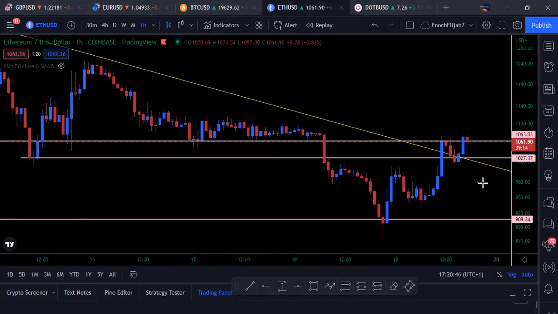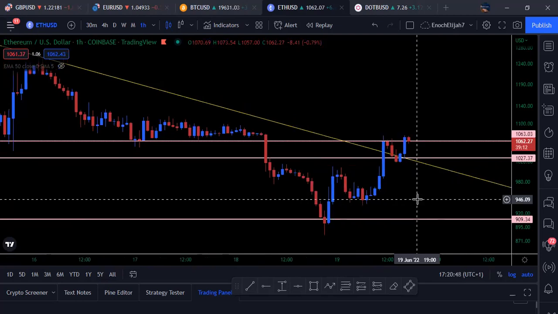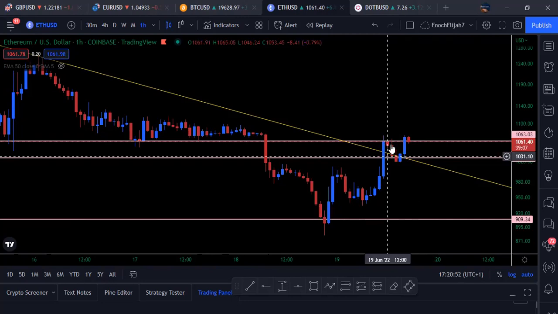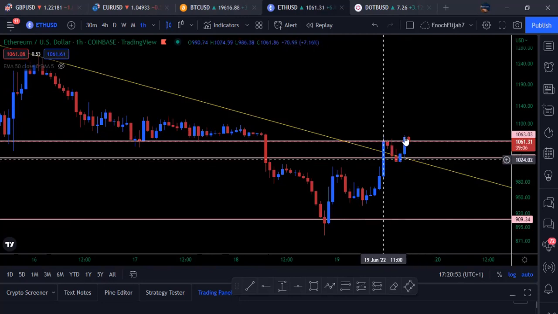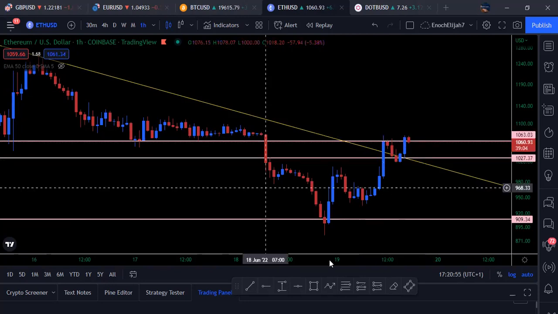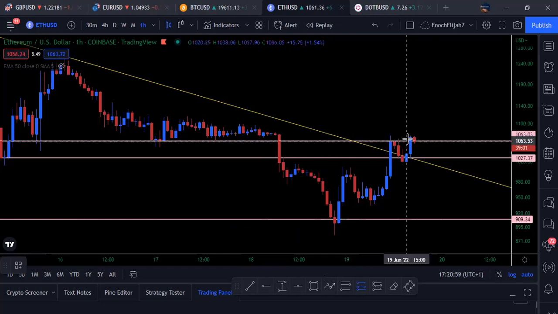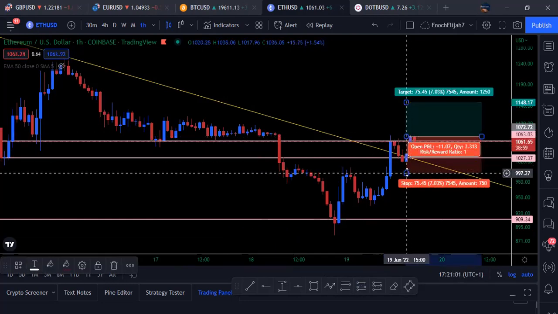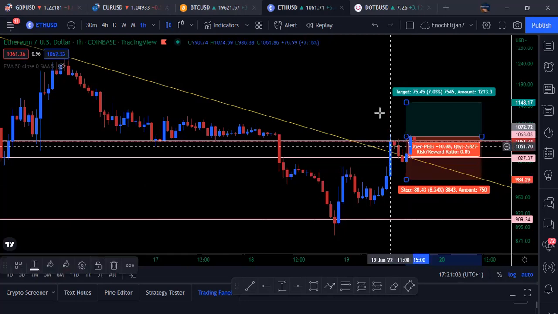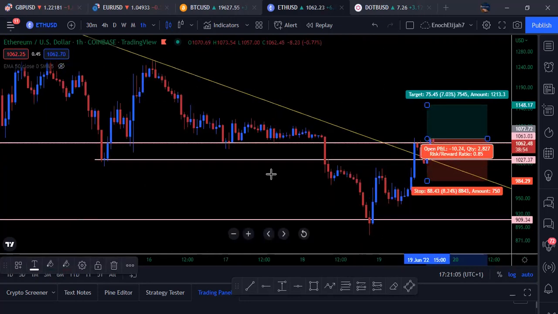So for me, will I enter? Well, if you want to take a risk, you can enter with this. When this kind of candle closes bullish, you can enter right there, with the stop loss below this place, here. These should be your targets.